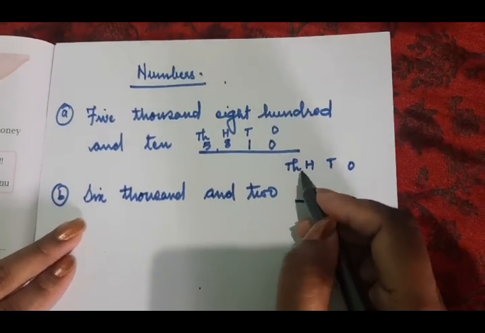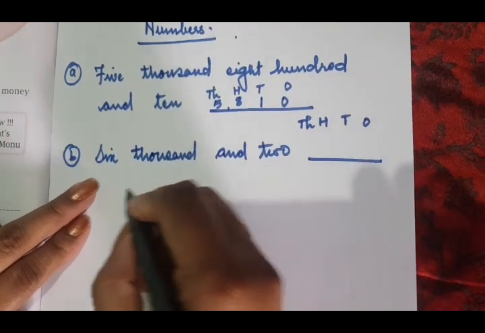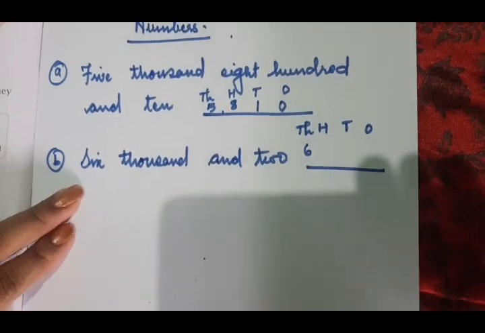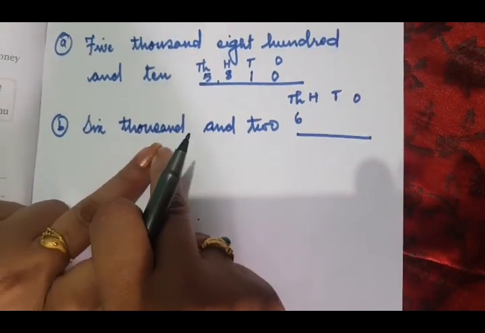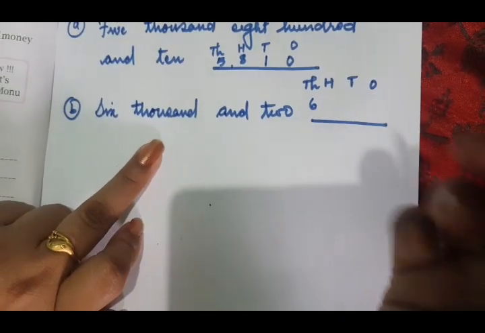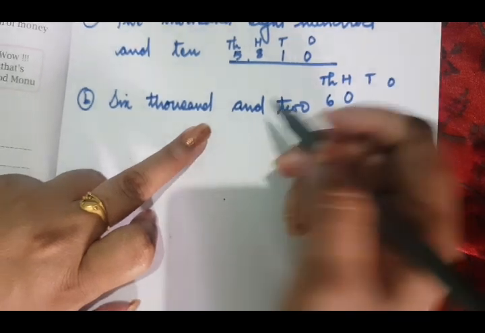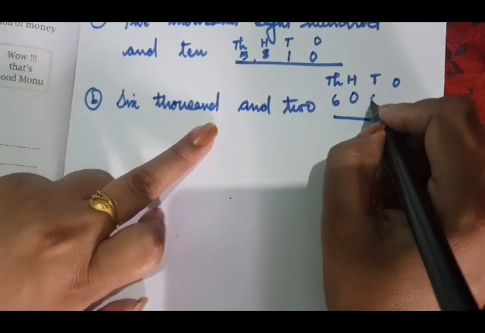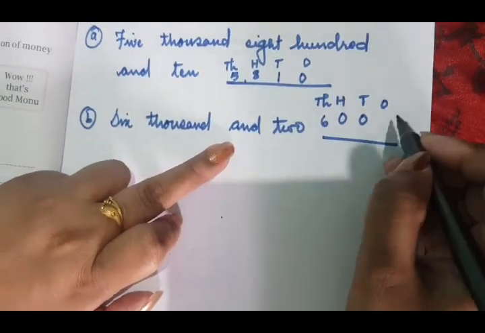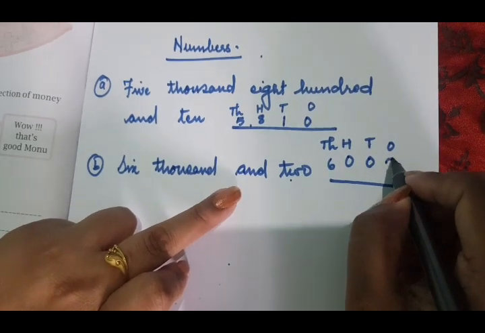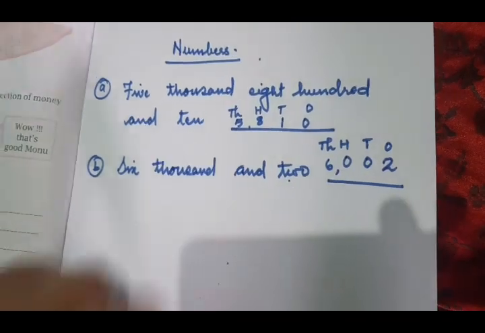So in place of 1,000, you can see here 6,000. So write down 6. So there is no 100 in this number name. So in place of 100, just write 0. And there is no tens place also. So write 0. And in ones place, you can write this 2. So this is the answer.